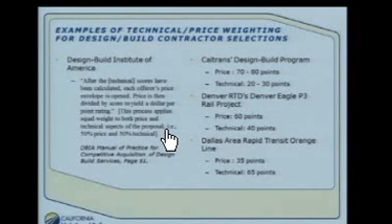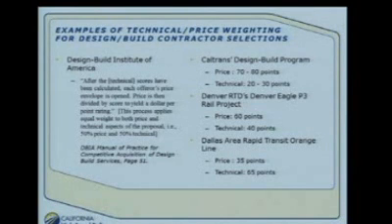This is a Caltrans Design-Build program where, for their largest design-build project, the Gerald Desmond Bridge, they had a scoring plan of 70 to 80% price and 20 to 30% technical. That project was about $700 million.